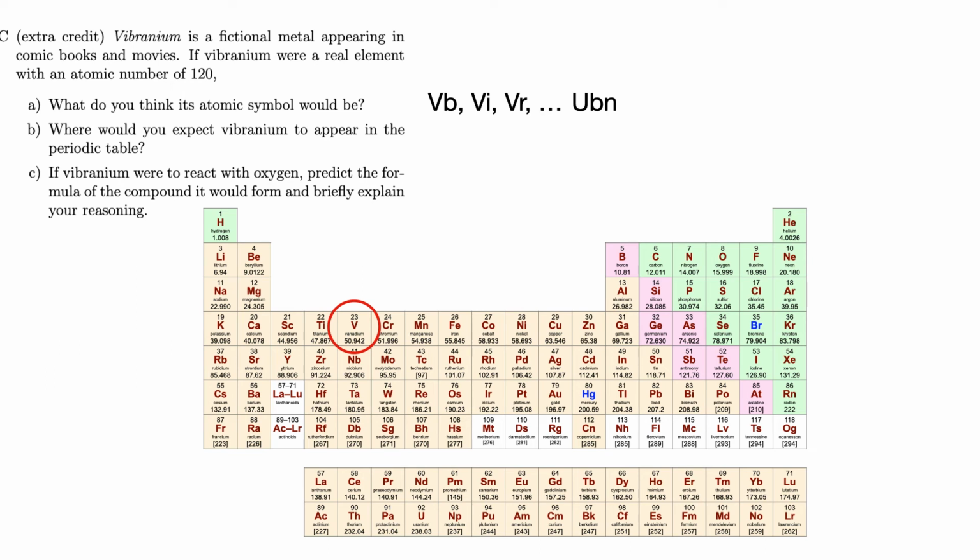Going on to part B, where would we expect vibranium to appear in the periodic table? Well, if it's element 120, then it would be two elements beyond the last known element, which is element 118, organesson.